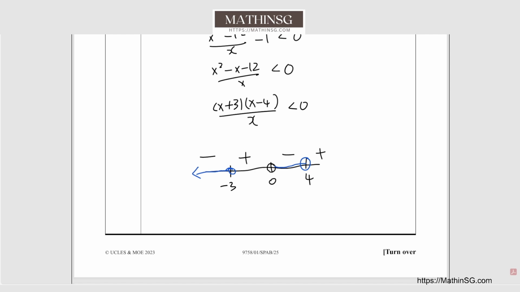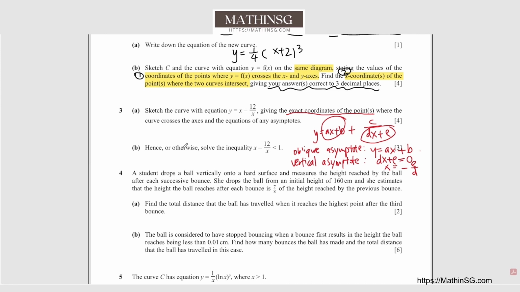So the answer will be x is lesser than minus 3 or x is in between 0 and 4. Both methods will give you the answer, because you're allowed to do the graphical method, or otherwise, which is how you normally solve an inequality.